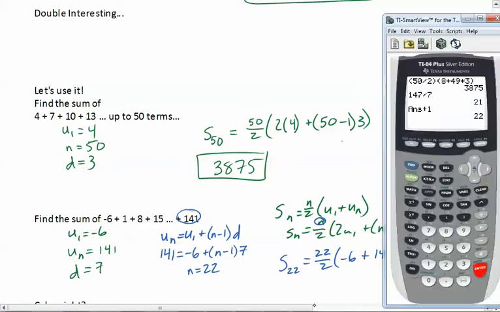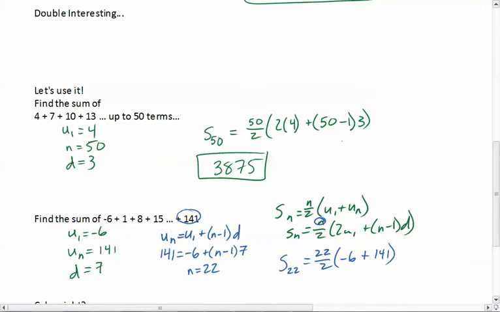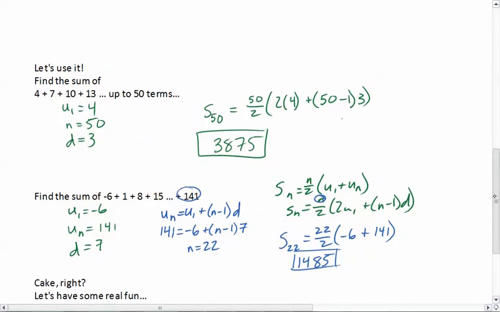And so easy peasy, 22 divided by 2 times negative 6 plus 141, which is 135, and equals 1485. So the first 22 terms added up together, negative 6 all the way to 141, would give us 1485. Pretty cool. Yep, that's pretty easy.